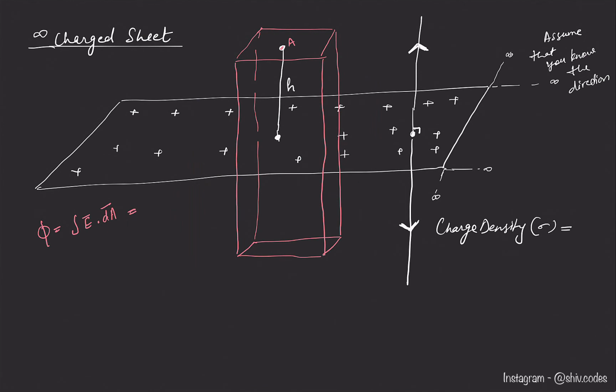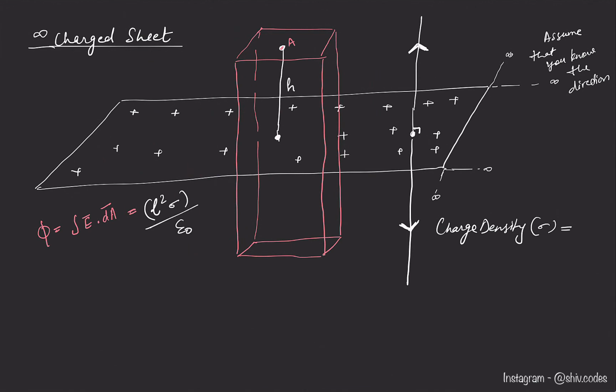It's difficult to imagine in this diagram, but you can imagine that this is the sheet and this is the closed body and this length is L. So basically this length is also L, and it will cover an area of L square on this sheet. So the charge enclosed would be L square into sigma, because sigma is charge per unit area, and if L square is the area, then the total charge of L square area is L square sigma by epsilon naught.